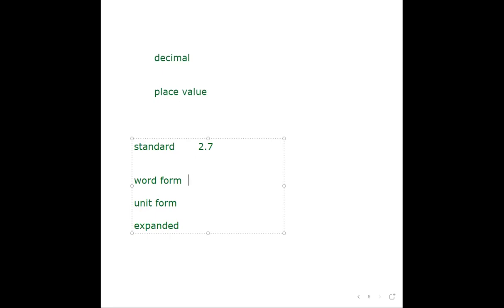What's the right way to read this number? Amazing. 2 and 7 tenths. Amazing. Super, super. The unit form, that's a new one, Miss Alia. Actually, it's not new. That means how many ones, how many tens, how many hundreds.